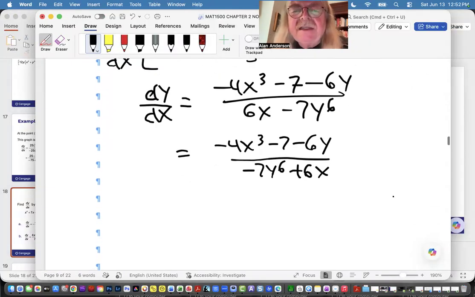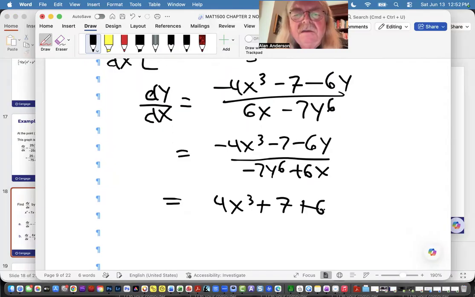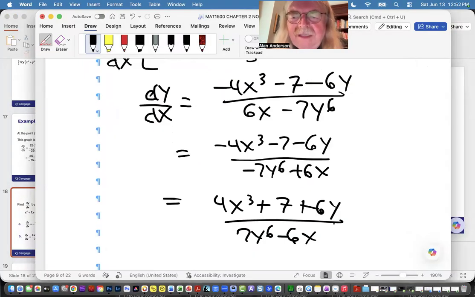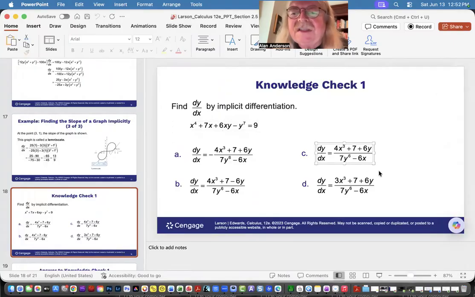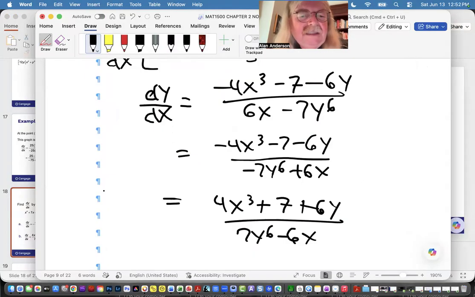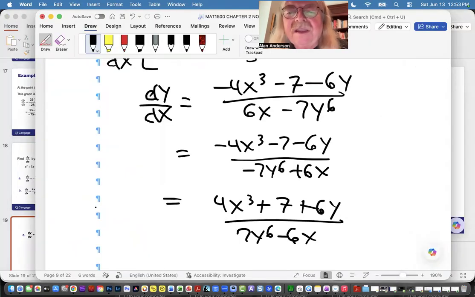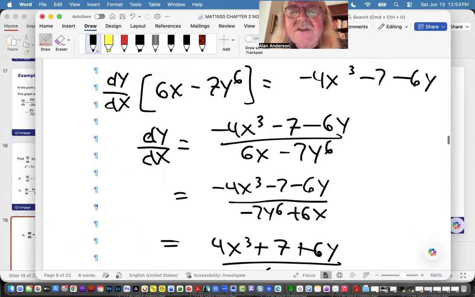Now, if we factor out a negative from all the terms, we'll end up with this. That's good because that leaves us with C, which is the correct answer. Yeah, sometimes it's a question of lining it up with the way they wrote it. We had it right. It's just that they rearranged it slightly.